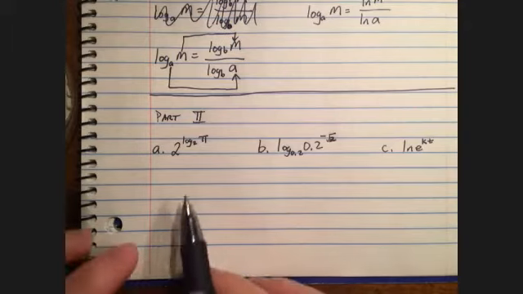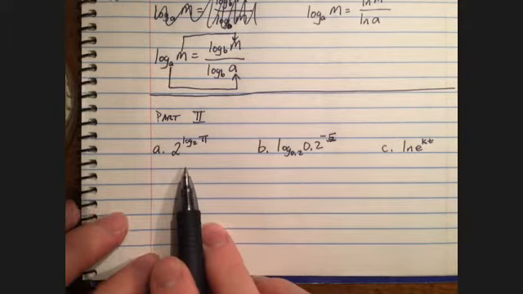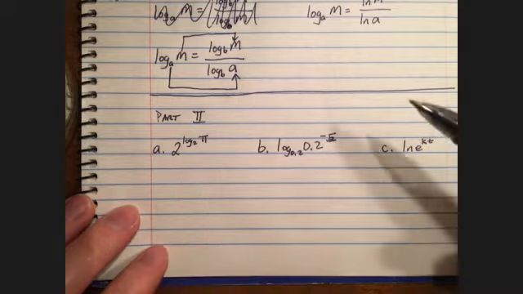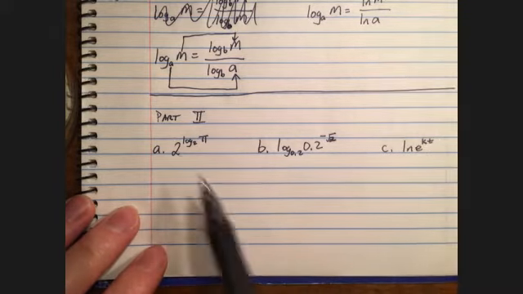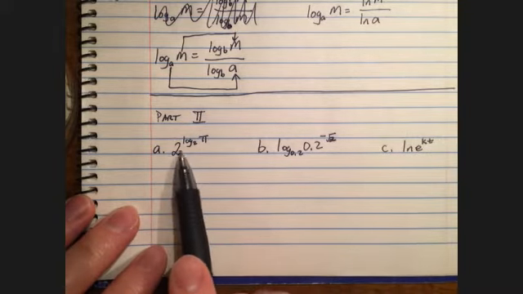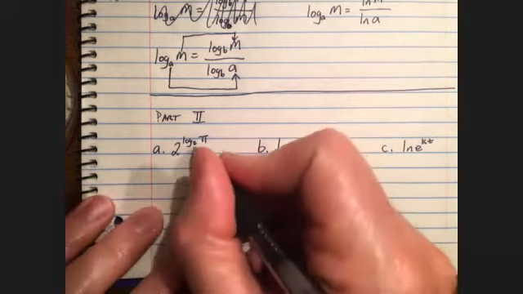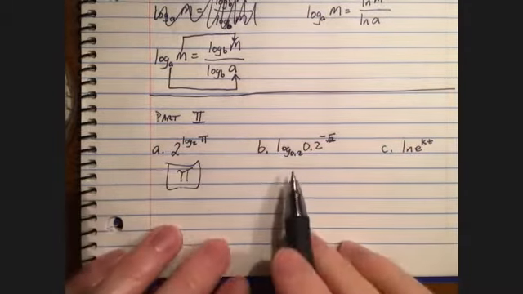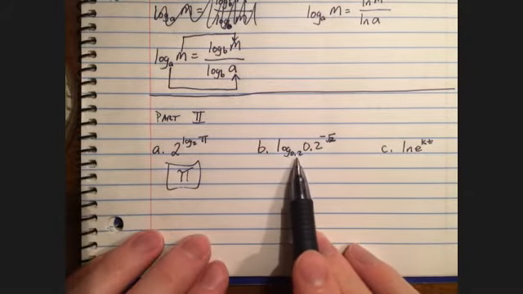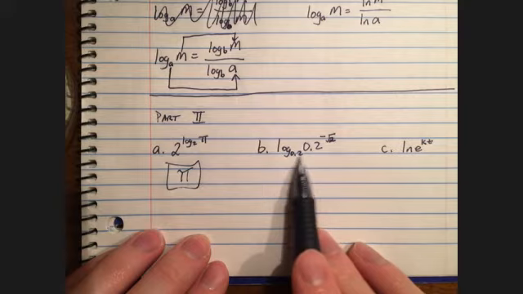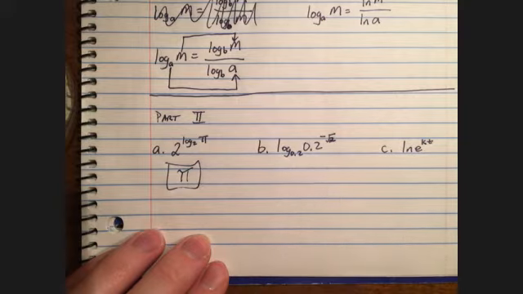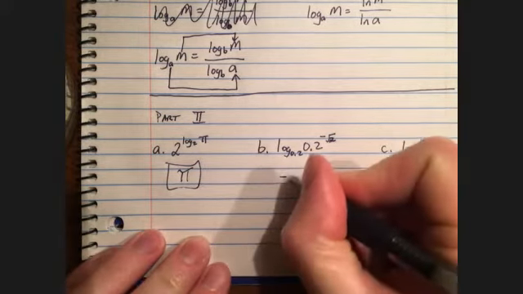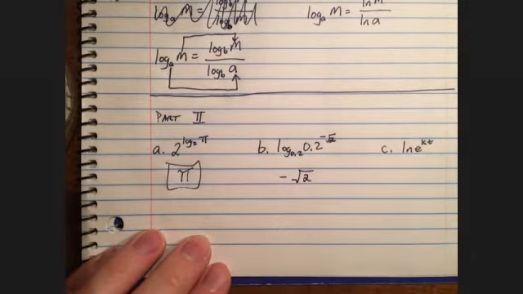Okay, now we're going to use our properties to find the exact values of these logarithms. So the first one, using all these different properties we had up here before, you recognize that 2 to the power of log base 2 of pi is just pi. If we had log base 0.2 of 0.2 raised to negative root 2, it's just going to be negative root 2.